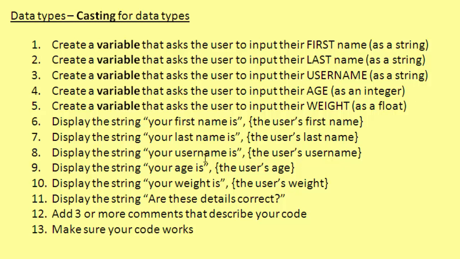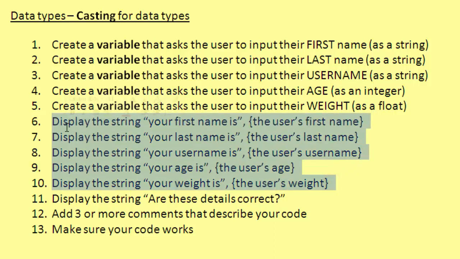Number 8, display the string your username is, then the user's username. Number 9, display the string your age is, and then whatever they inputted. Number 10, display the string your weight is, and then whatever they inputted. Yeah. So these lines, you're just displaying back whatever the user inputted in the first 5 inputs.